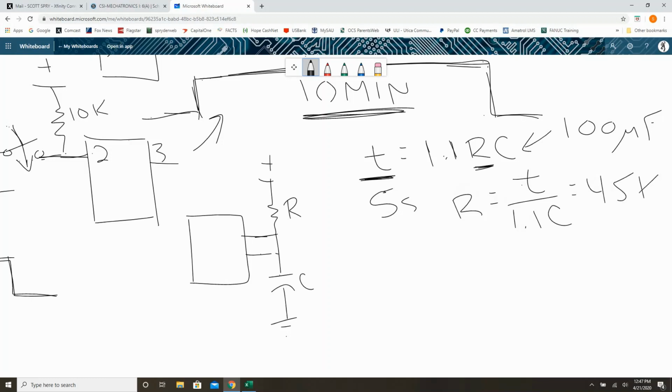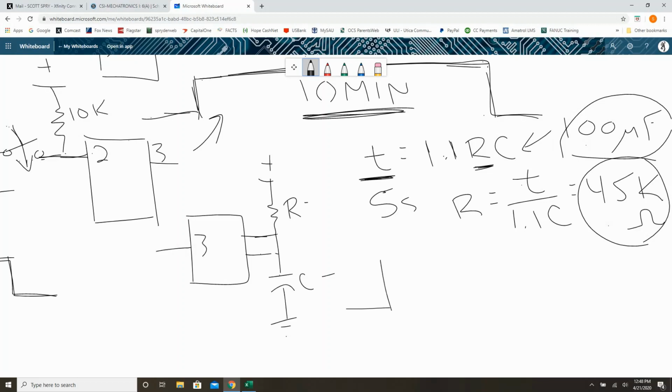I'm going to round it to 45 kiloohms. Okay? So, with that resistor here and that capacitance here, and then the other circuitry that we'll talk about when we do a demonstration, we would then get a pulse. Let's say this is pin 3 here. We would get a pulse that would look like this once it got triggered, and it would be 5 seconds long.